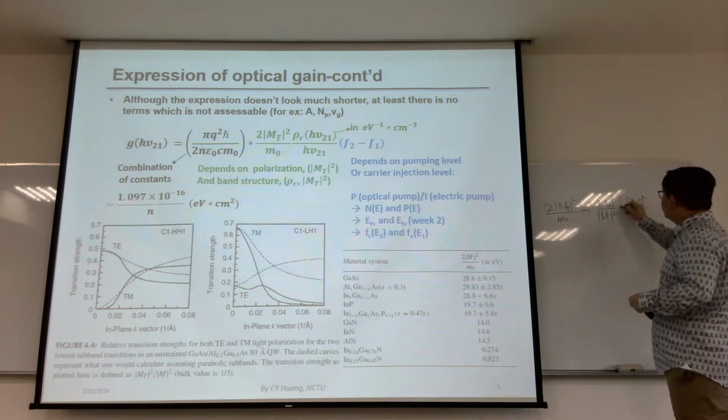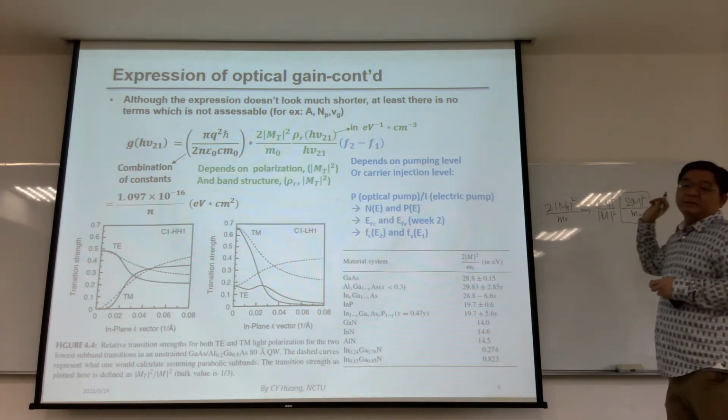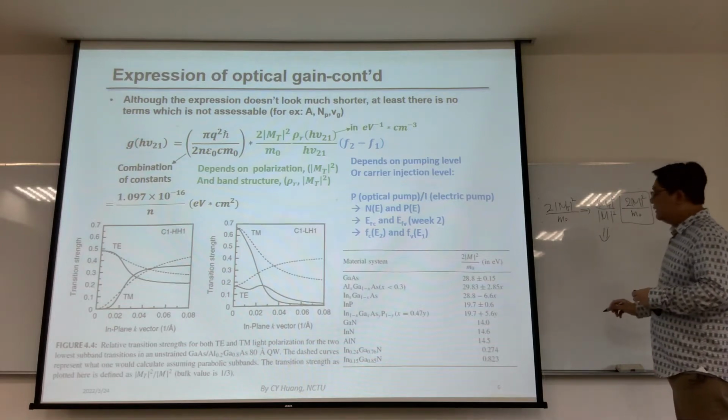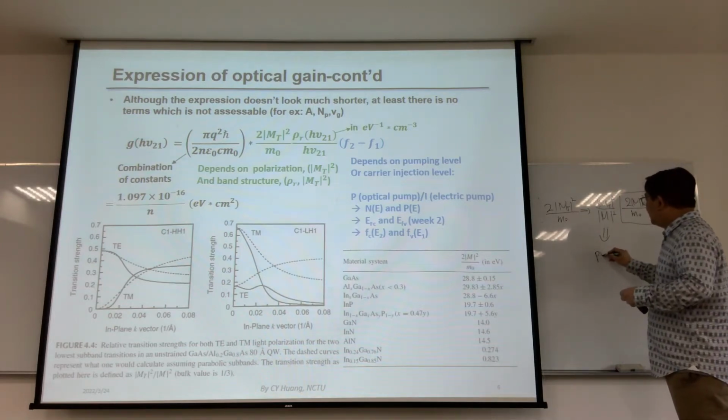Okay, this is a material constant, the momentum matrix element, and this depends on the polarization of light.